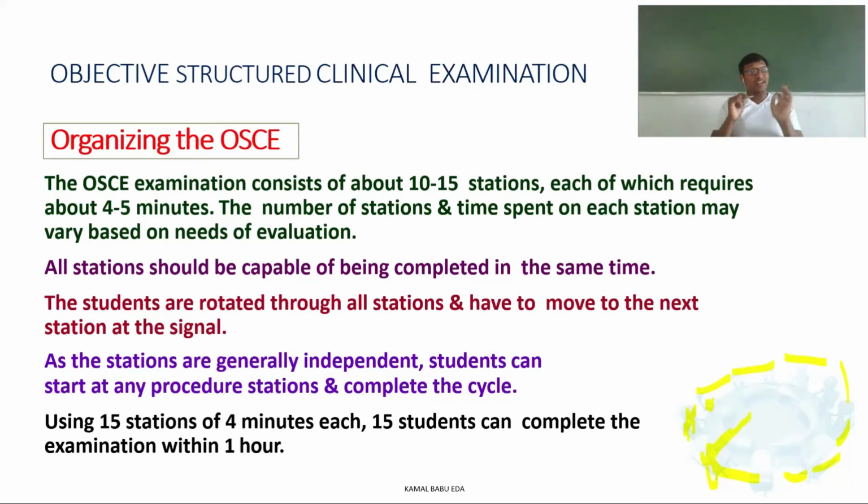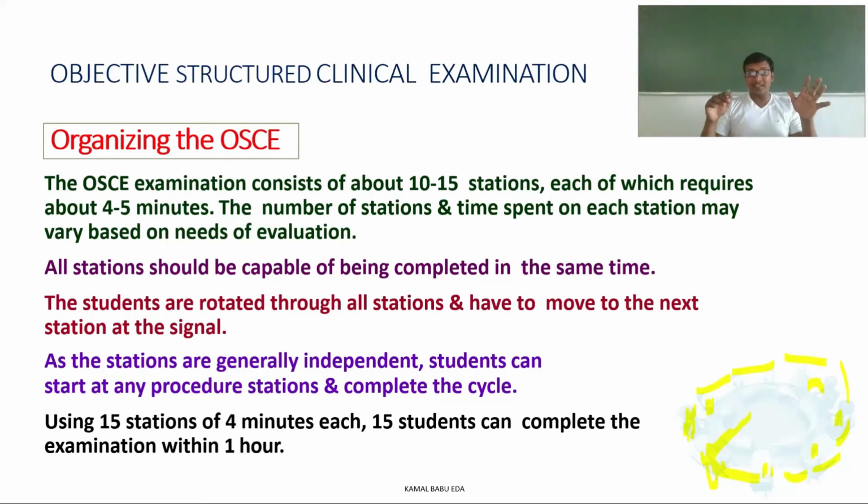As the stations are generally independent, students can start at any procedure station and complete the cycle. Because every station is independent, the last person can start at the last station, the first person at the first station, and the middle person at the middle station.